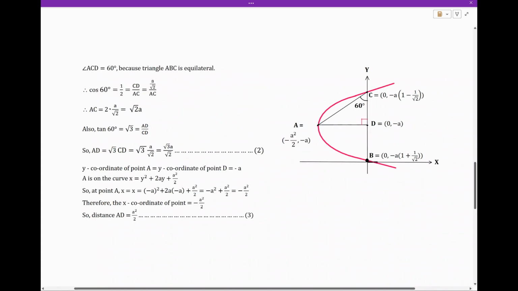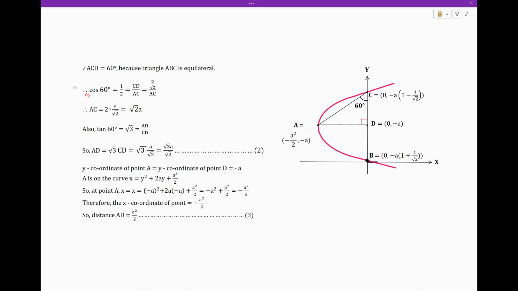Now, we know that the triangle ABC is an equilateral triangle. Therefore, all the angles of this triangle are 60 degrees. So, we get the angle ACD, that is this angle, is equal to 60 degrees.